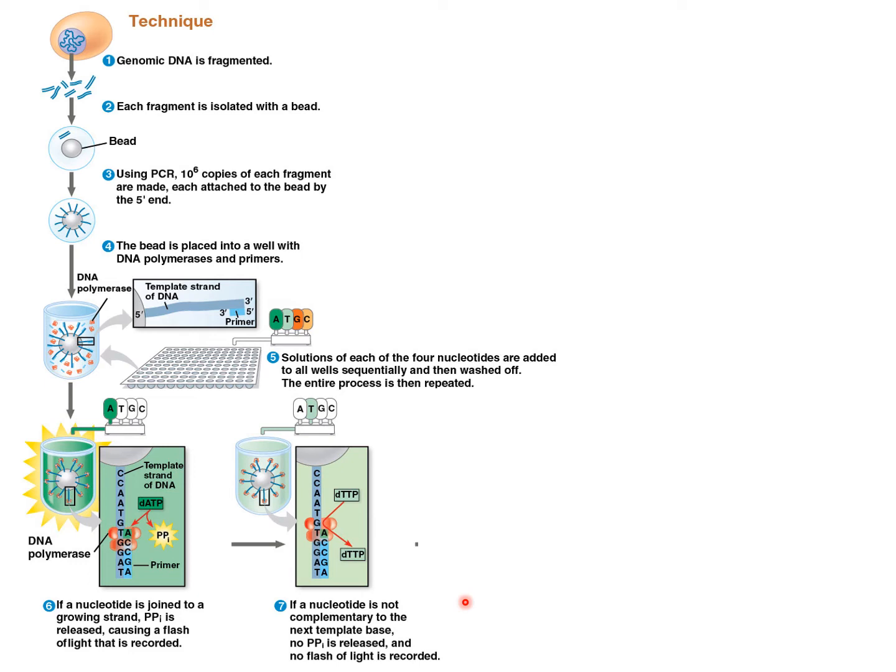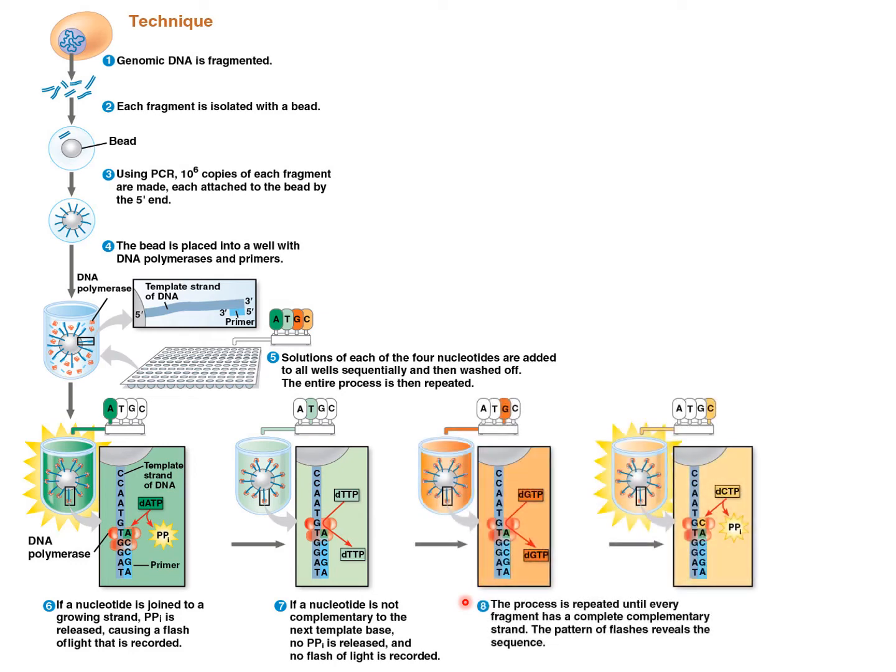That's where you saw that gap with the adenine in that picture before, where there was no peak present. The process is repeated until every fragment has been completely synthesized, so copied in this case.